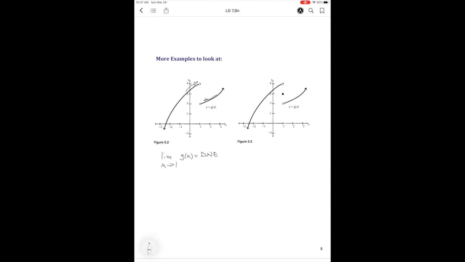And we call that a jump discontinuity. Okay, the function jumps. And the same thing over here. If I said the limit as x is approaching 1 of this function, again, it does not exist. Now watch out, that guy right there is a point. Nothing to do with the limit, it's just a point on this function.